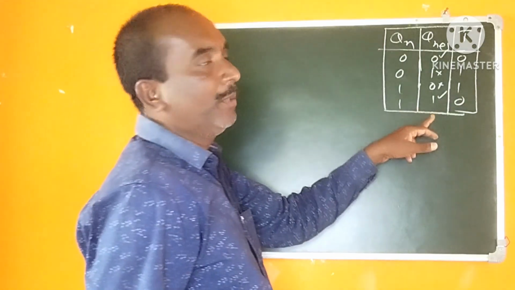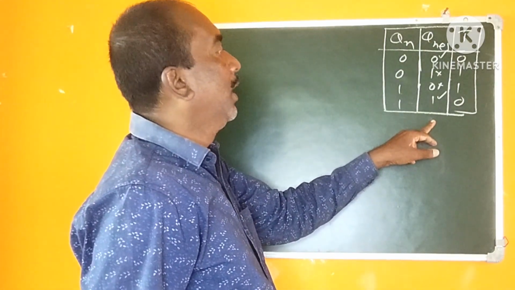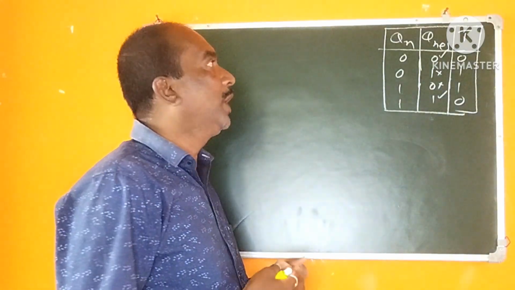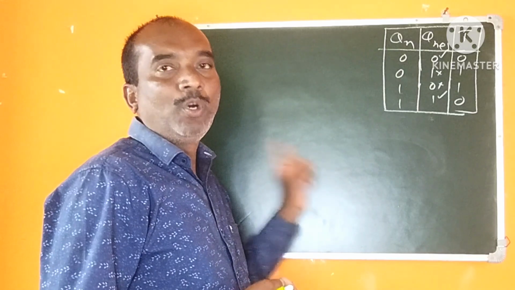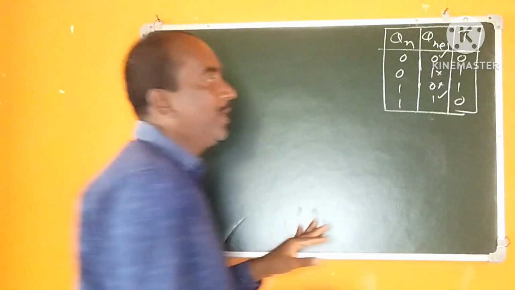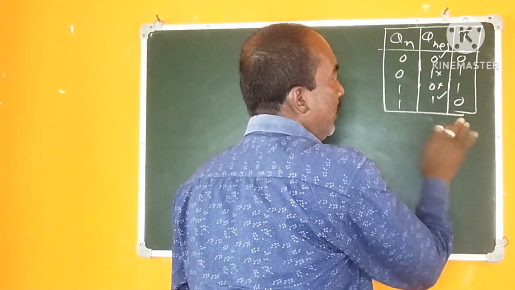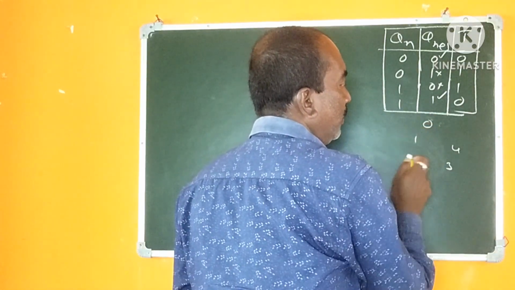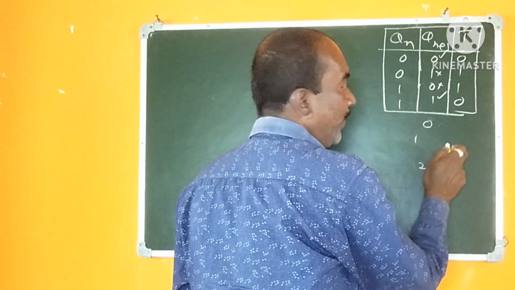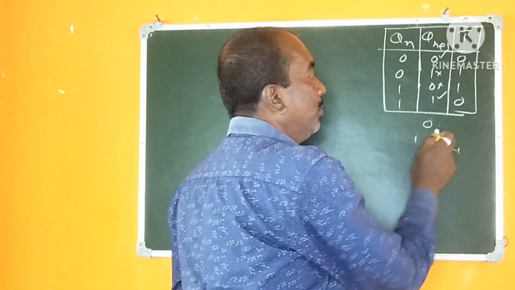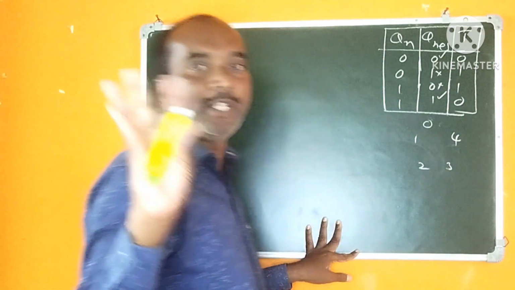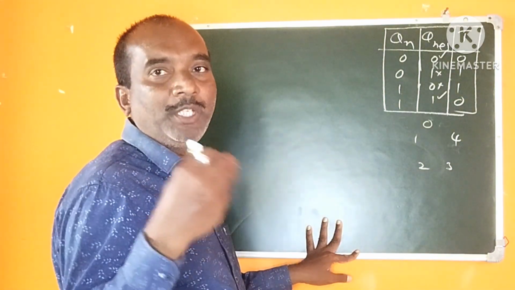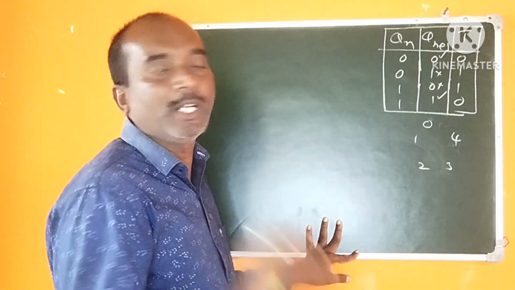By using this state table, we can find the truth table of the mod 5 counter. Mod 5 varies from 0, 1, 2, 3, 4. That means a mod 5 counter will count only 5 states, and after that, whatever may be the present state will not be considered.